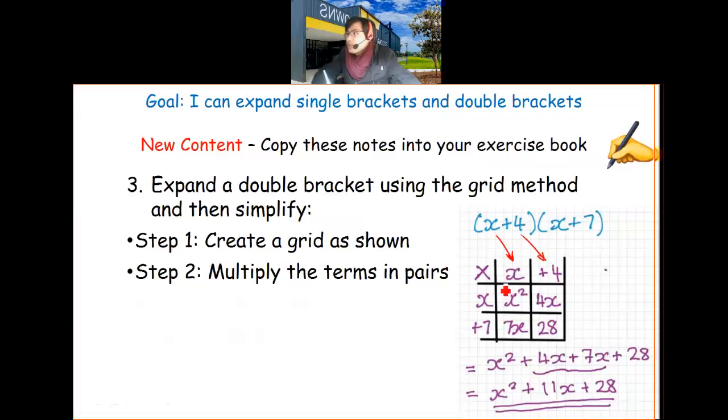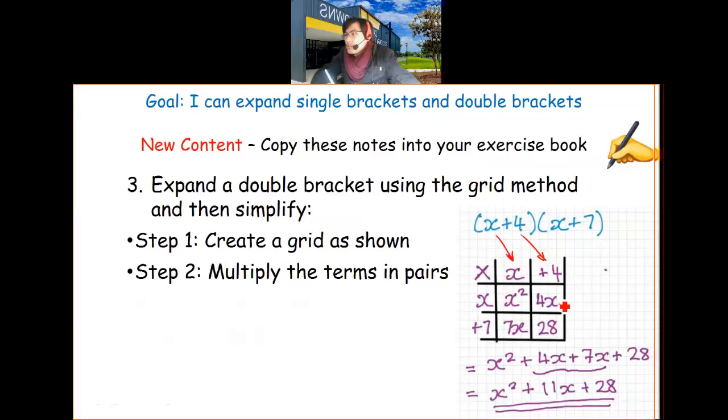Then for the second one, we got x plus 7, so you put the x here and a plus 7 here. All right. And then you multiply the terms in pairs. So x times x, that gives us x squared. Then you have 4 times x, that gives us 4x.